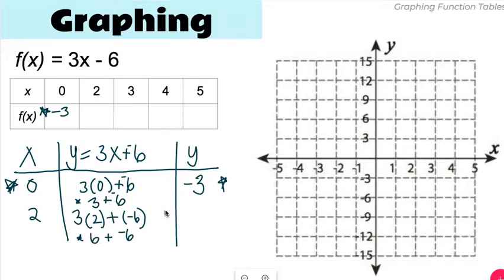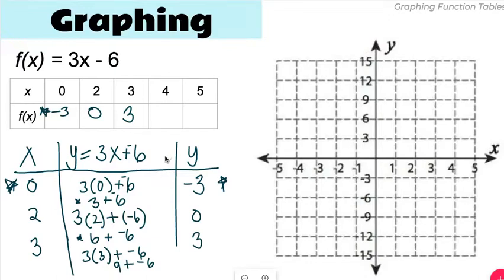So 6 plus negative 6 is 0. When x is 3, I get 9 plus negative 6 is 3.